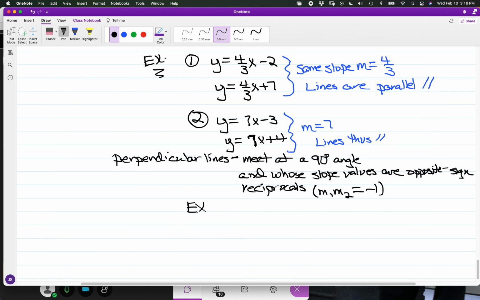I'll just run through this. If I have y is equal to 4/3 of x minus 2, the perpendicular line is going to have an opposite sign reciprocal, going from a positive to a negative, and the reciprocal going from 4/3 to 3/4, let's say x plus 7.